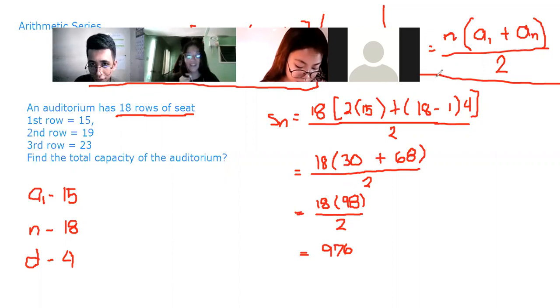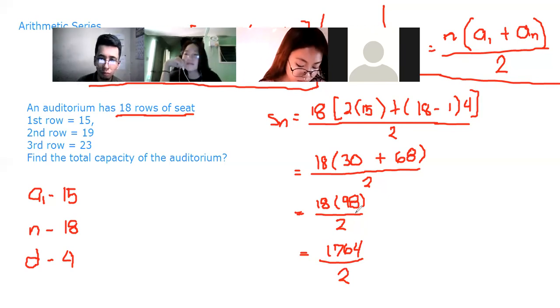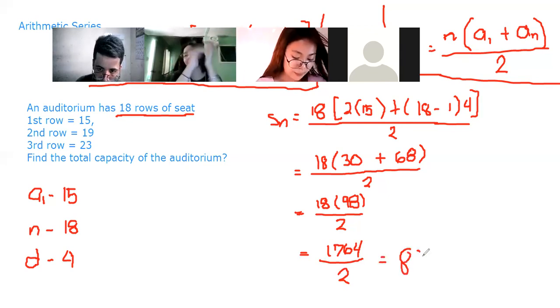Over 2 natin. Then, 1,764 divided by 2. What is the answer? 882. So, our answer is 882.